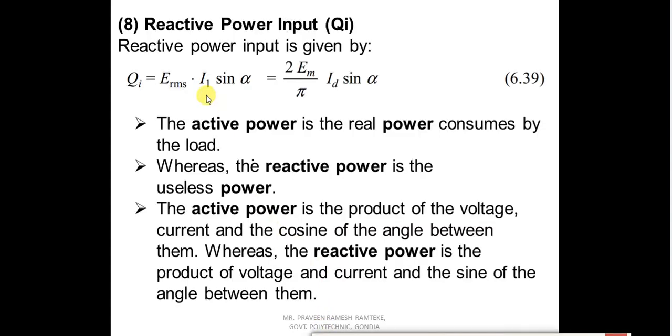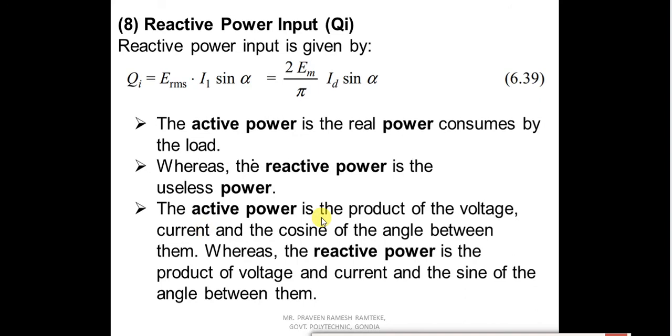So to conclude, we differentiate between the active power and reactive power. The active power is the real power consumed by the load, whereas the reactive power is the useless power.